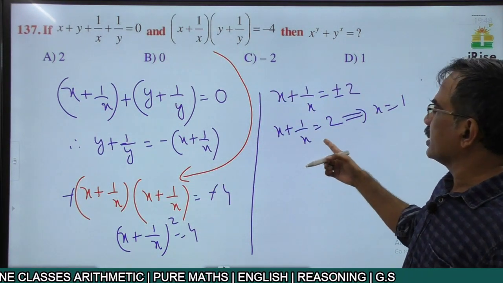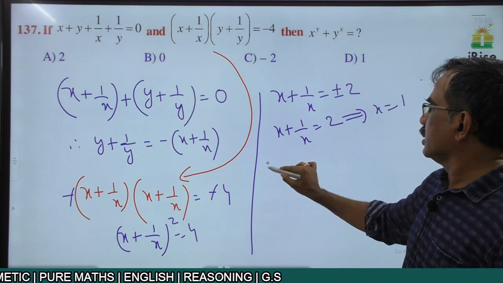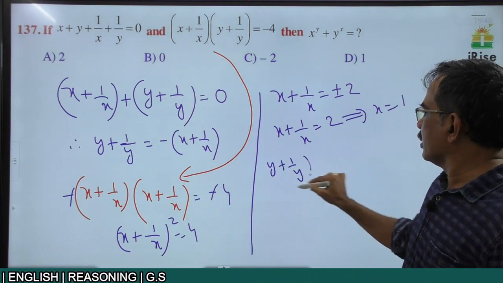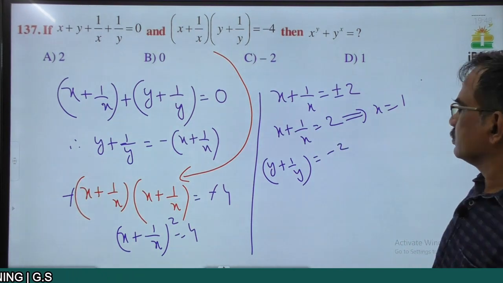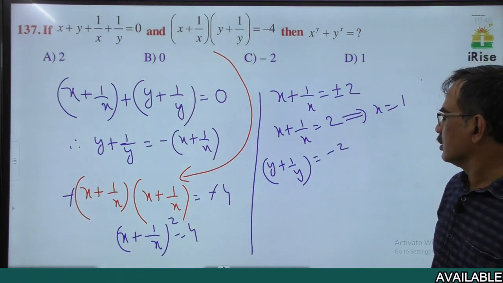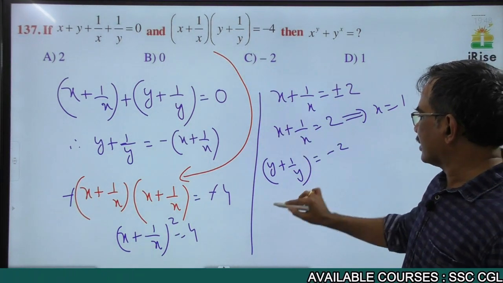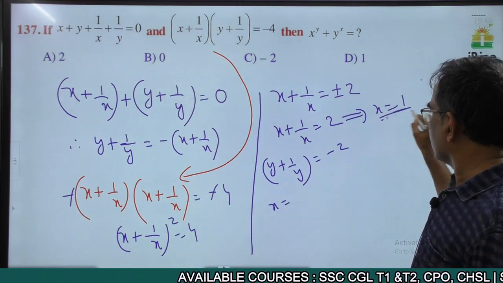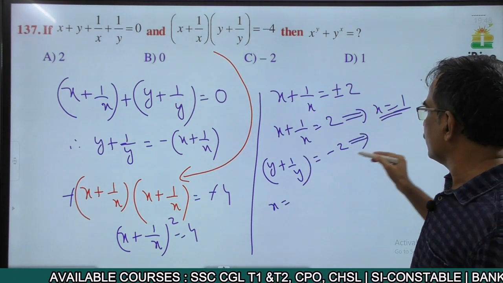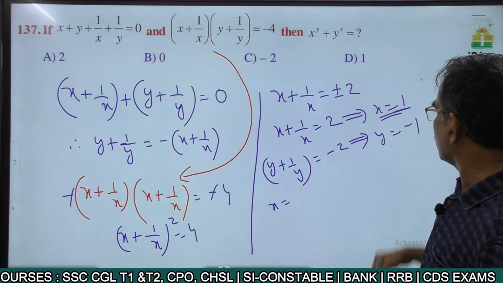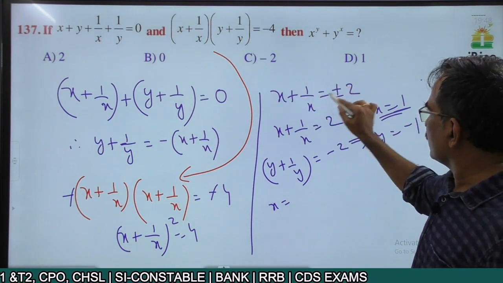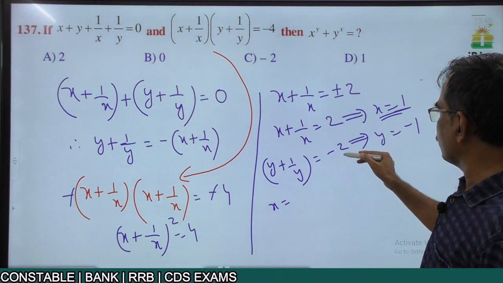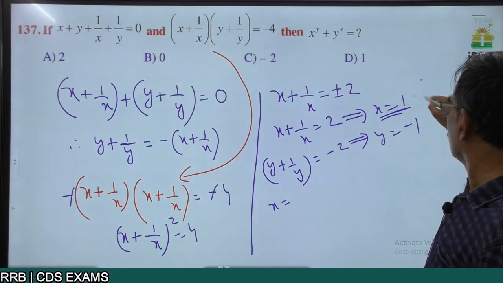If x plus 1 by x is 2, then y plus 1 by y is equal to minus 2. So from this, if y plus 1 by y is minus 2, y is equal to minus 1. Or if x plus 1 by x is minus 2, then y plus 1 by y is plus 2. So both are reversed.